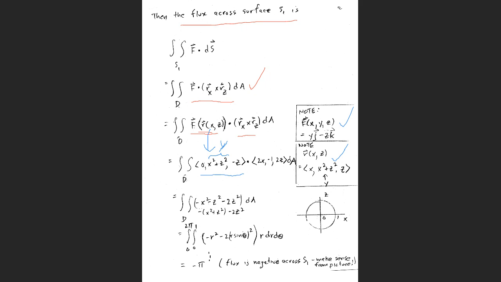So for y here, I just put in x squared plus z squared, because I'm going to be integrating with respect to x and z, and y equals x squared plus z squared. And then the third component is just negative z by virtue of my definition of my field.